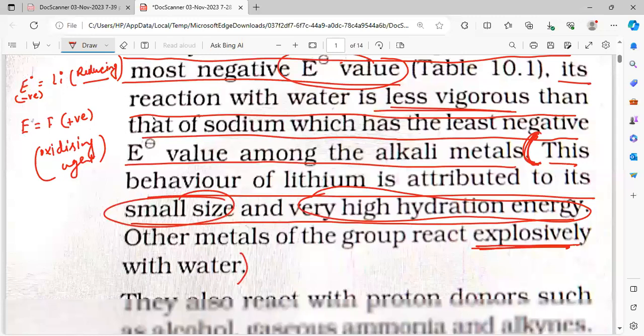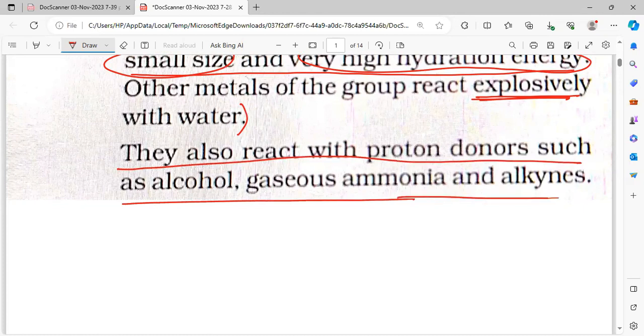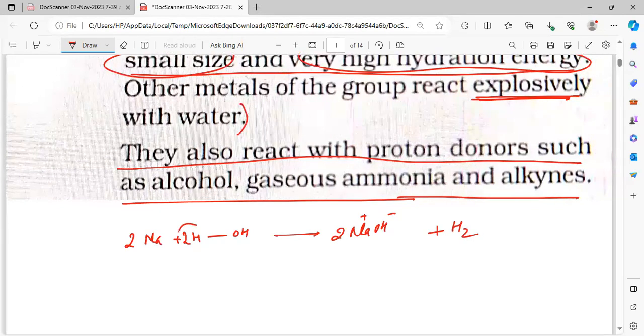Here you see some other point. They also react with proton donors such as alcohol, gaseous ammonia, or alkynes. Suppose you are talking about sodium treated with water, HOH, it forms 2NaOH, ionic, plus and minus, and along with that hydrogen gas is also liberated.